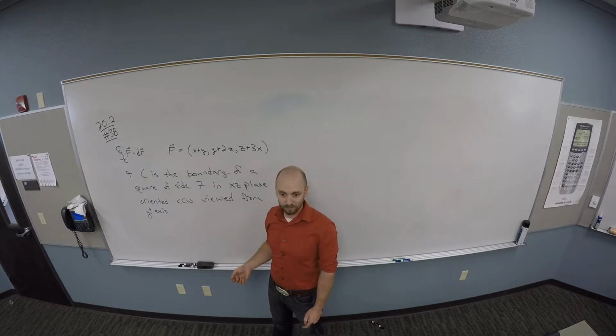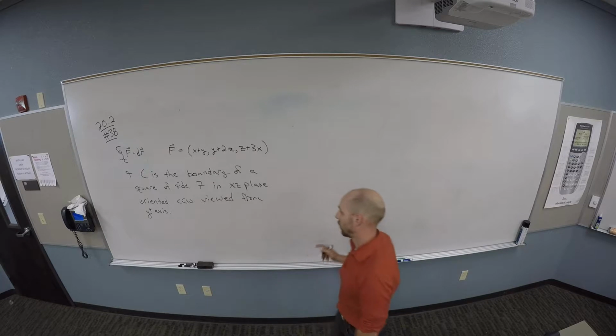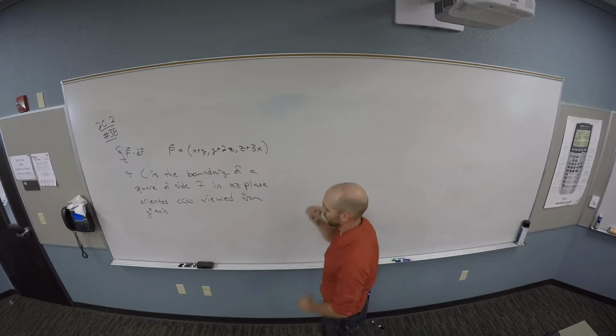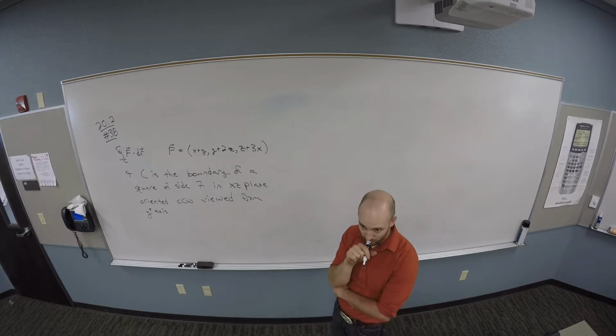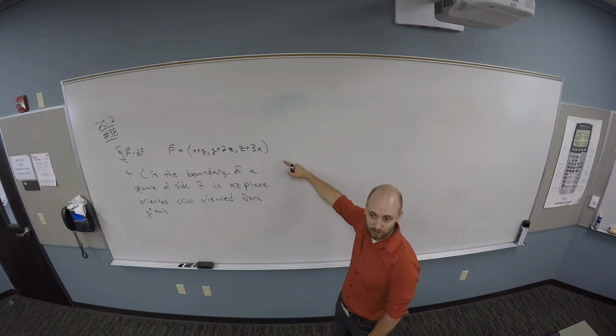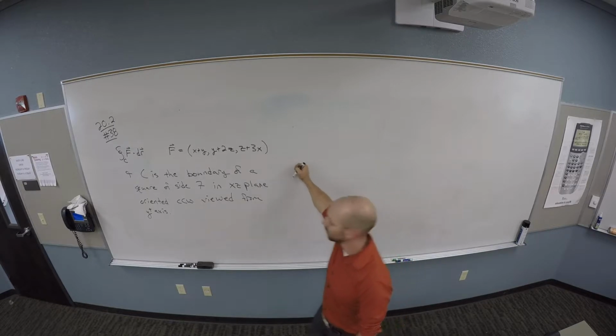So what do I start with? If you're going to do Stokes, you'll need the curl. Okay, if I'm going to do Stokes, I need the curl of f, so I better do that.